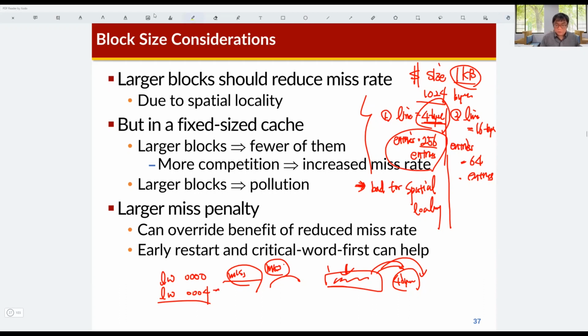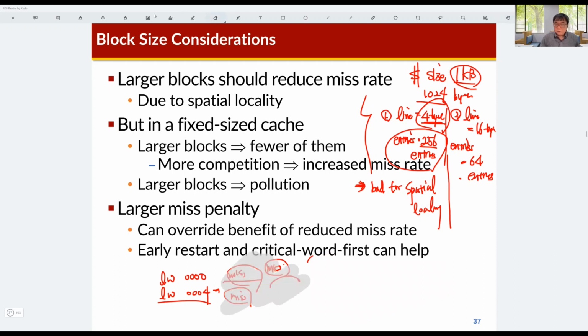What is the result? The address is 0004. It's a miss because this cache entry has only the data from address 0 to 3, not 4.